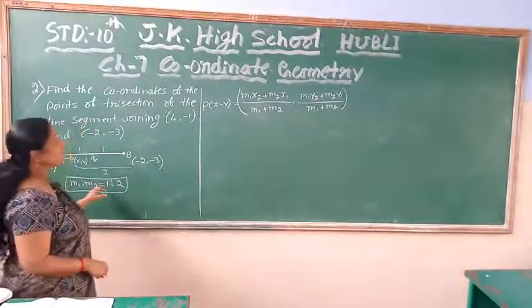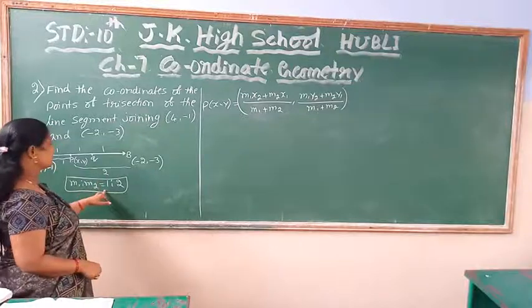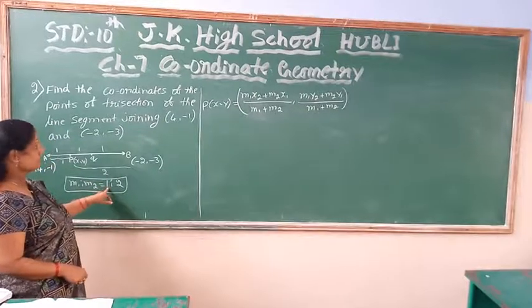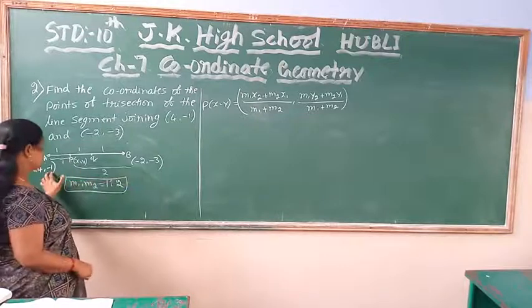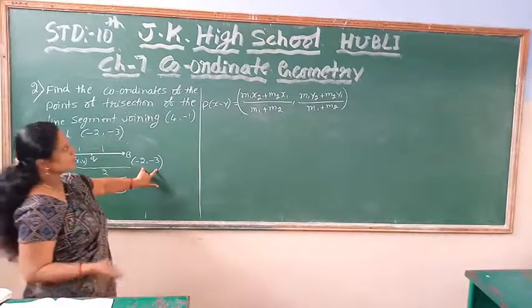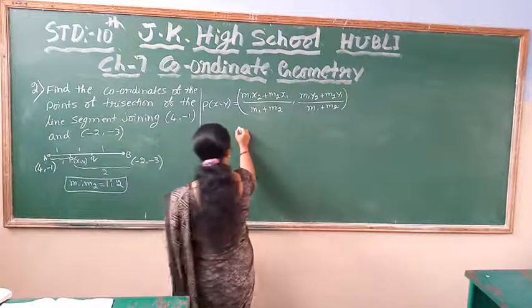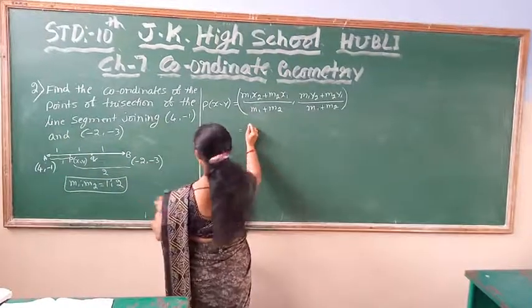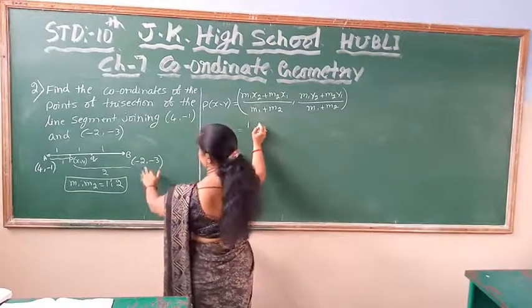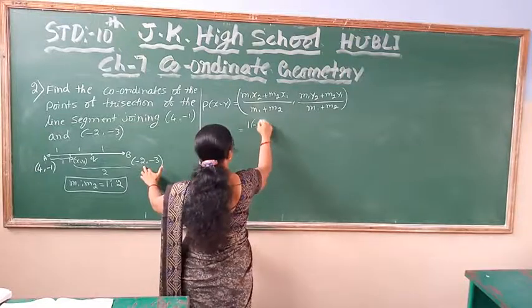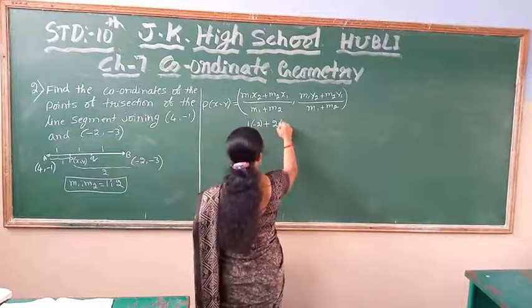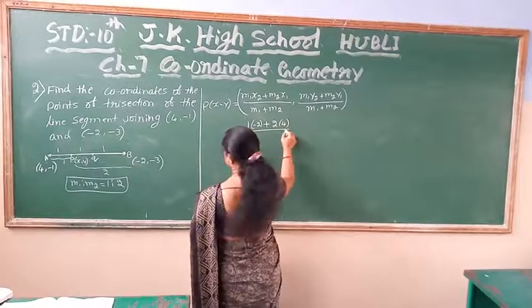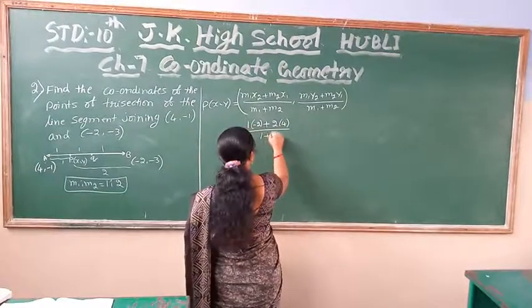Now I will substitute the values here. In place of m1 and m2, 1 is to 2, and x1, y1, x2, y2. So if I substitute, m1 is 1, x2 is minus 2, plus m2 is 2, x1 is 4, divided by m1 plus m2, which is 1 plus 2.